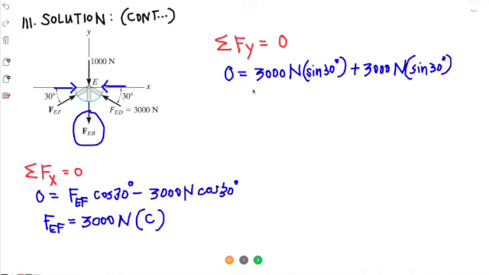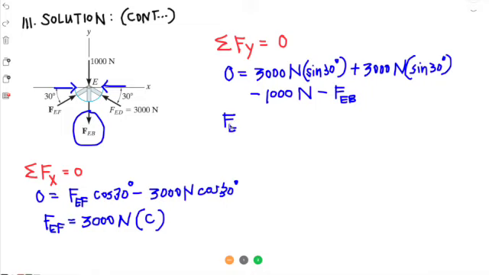What's going down? We have another 1,000 newtons going down. And the value for FEB is also going down. So FEB, and this is the one required in the problem. So since we only have one unknown, we can manipulate this equation and solve for FEB.